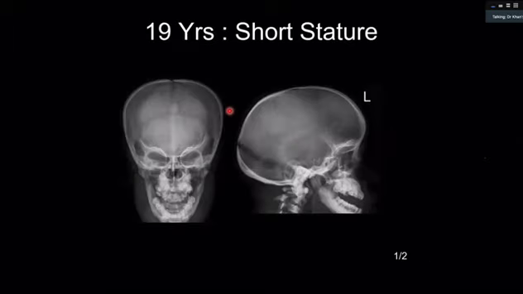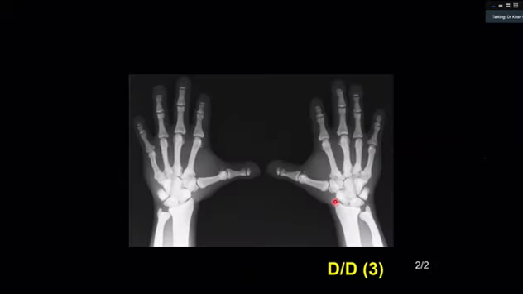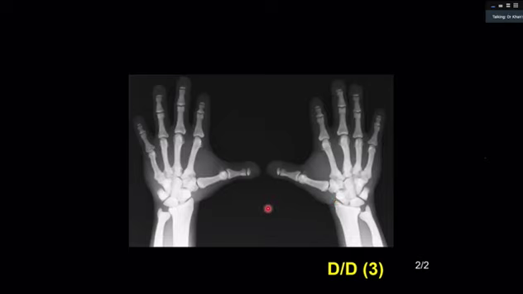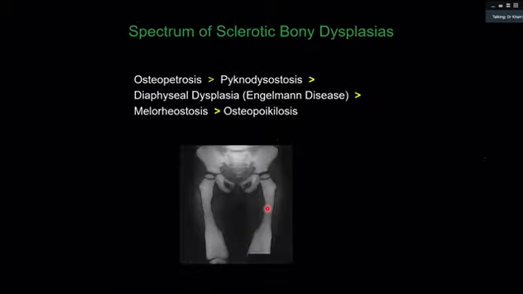The key discriminator between the two is the mandible. The mandible will be small and obtuse in cleidocranial dysplasia. And another finding is bone sclerosis. So in pycnodysostosis, the bone density will be increased. This concept is extremely important for you to remember.